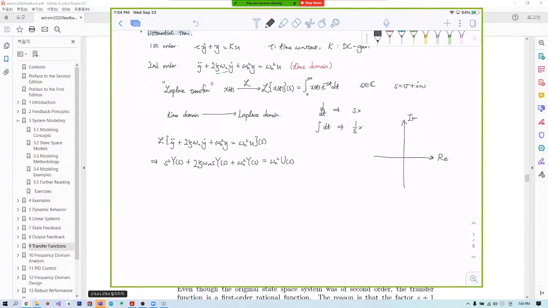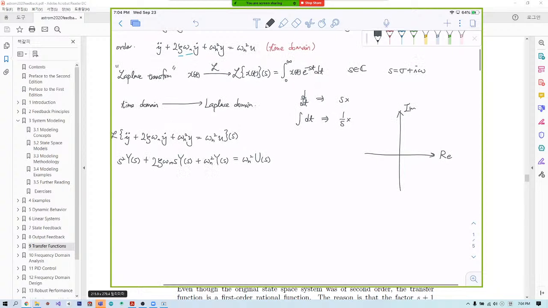So we want to vary this s by changing the value of sigma and omega. If we make sigma bigger, then the effect will be traveling rightward, right? And if we increase omega, then it would have the effect of traveling upward in this complex plane.